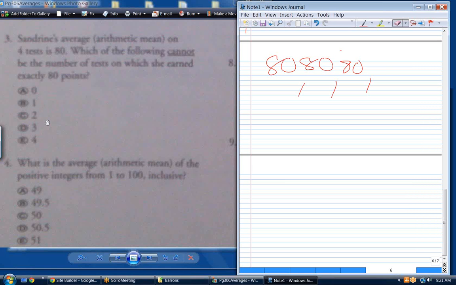But notice that 3 80s are impossible because the fourth one has to be 80, and yet it can't. It certainly can't be any number other than 80, not to give you an average of 80. So you can't have 3. Okay, that kind of is more of a counting problem. By a counting problem, I mean laying out the possibilities that you can have.